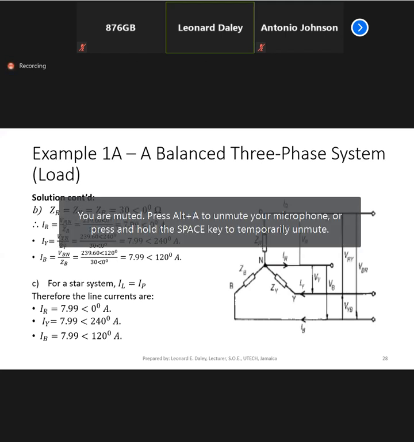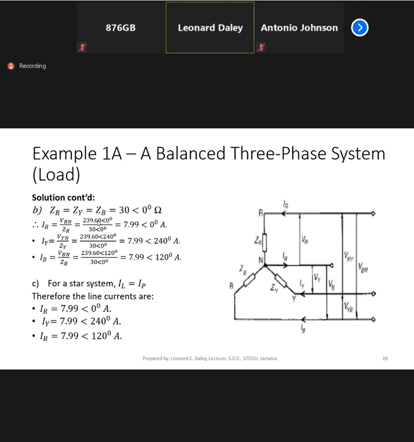So phase currents: phase voltage over phase impedance. IR is 239.6 at angle 0, and ZR is 30 at angle 0, so that works out to be 7.99. IY is VYN over ZY, 239.6 at angle 240, divided by 30 again, and that's 7.99 at angle 240.